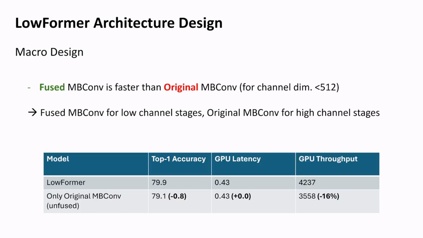If we compare LowFormer with the same model that only employs the original MBConv, we see that accuracy and GPU throughput drop significantly, while latency remains similar. The fused MBConv can have a positive effect on efficiency and accuracy.